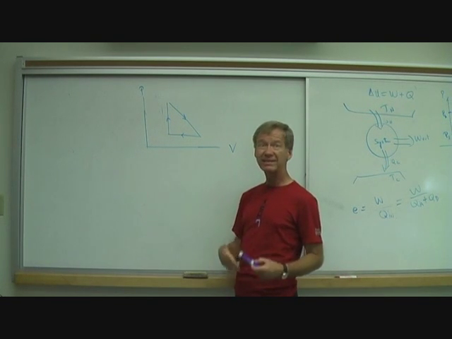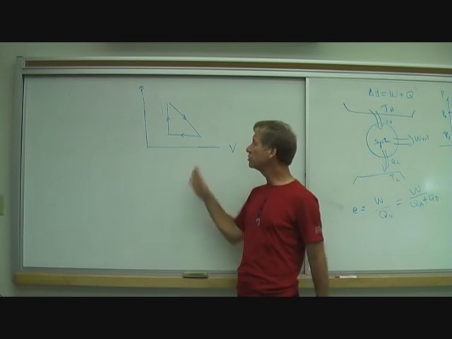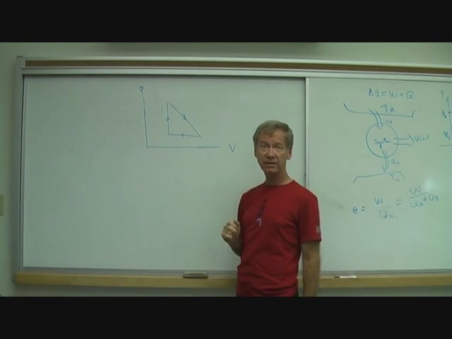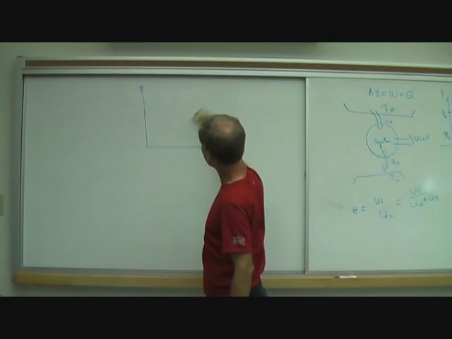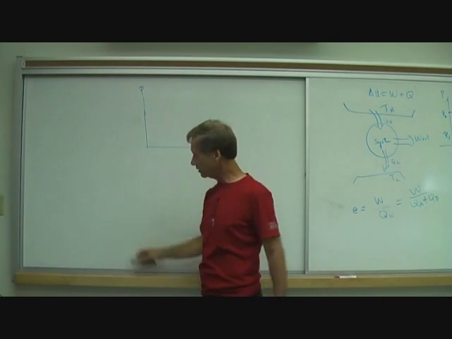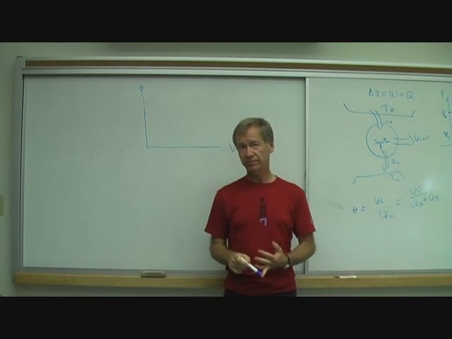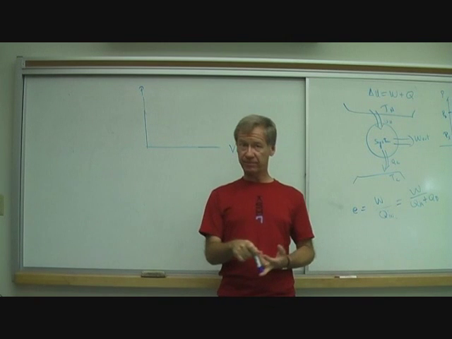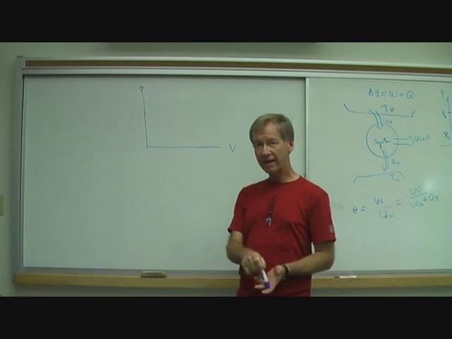There are plenty of cycles that are out there. They usually don't involve things like this. They use those 4 thermodynamic processes that we talked about. Constant pressure, constant volume, constant temperature, and adiabatic.